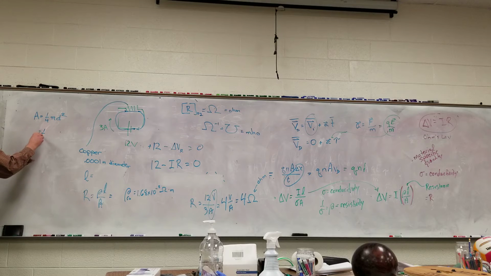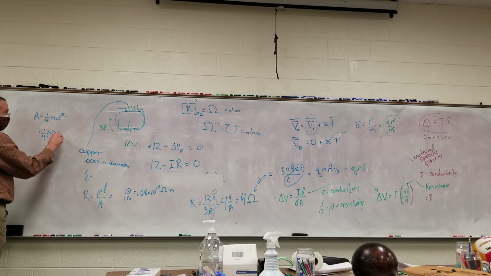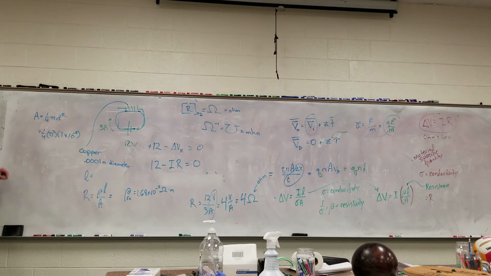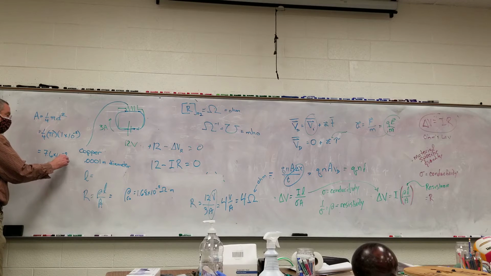So this becomes 1/4 times pi times 1 times 10 to the negative 8 once I square it, which is roughly 7.6 times 10 to the negative 9. Someone will correct me in a moment. And that would be square meters.